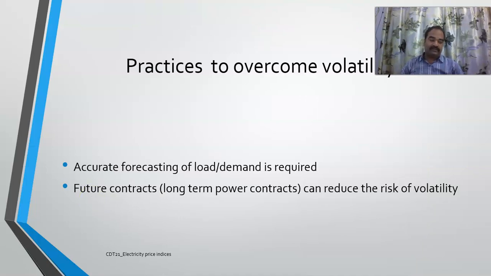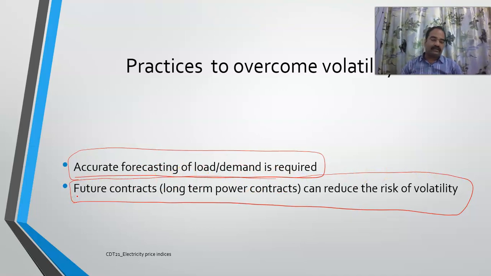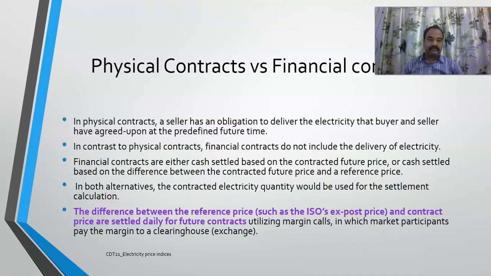The one thing which can be taken up to work on this volatility is we should forecast the demand very perfectly. If proper forecasting is done, then automatically measures can be taken to increase the generation or to curb the demand in one or other way. And the other one is hedging, or what we call future contracts. If you secure your products for a long period of time, then automatically you can overcome this volatility.